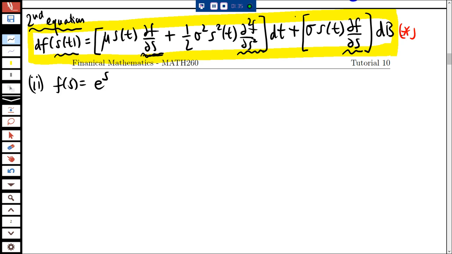We have the f ds is the same as d2f ds squared, which is just e to the s.